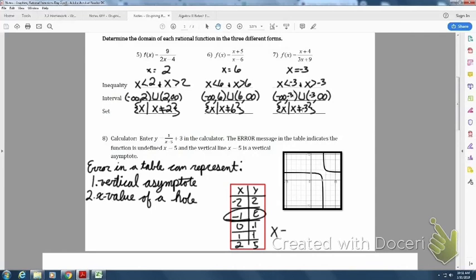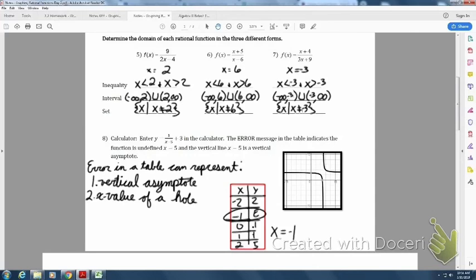Vertical asymptote would be x equals -1. Those should be gimme problems. Vertical asymptote, error. What's the x value? That's the vertical asymptote. It won't be a problem if that's all you're given and it's asked for the vertical asymptote. That's what you're looking for. Don't overthink it and think, well, is it that or a hole? You wouldn't have enough information to differentiate that.